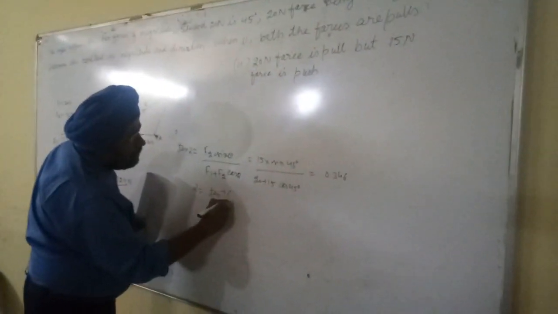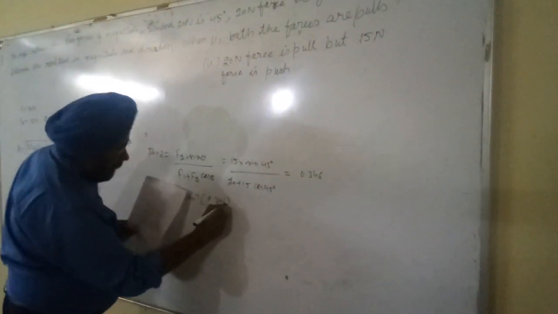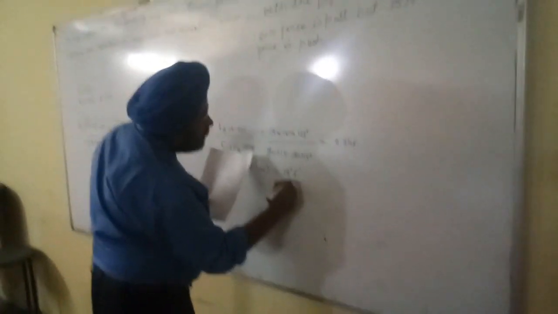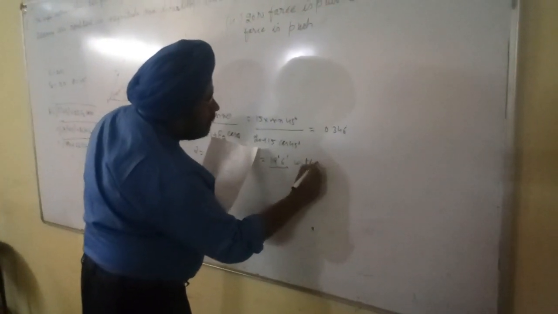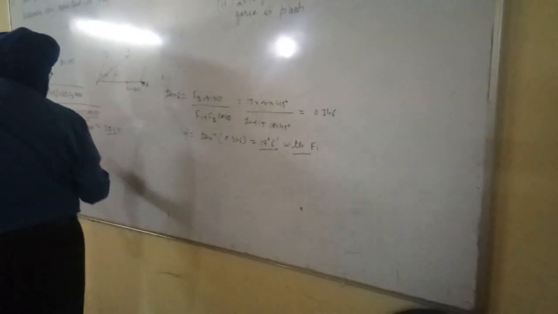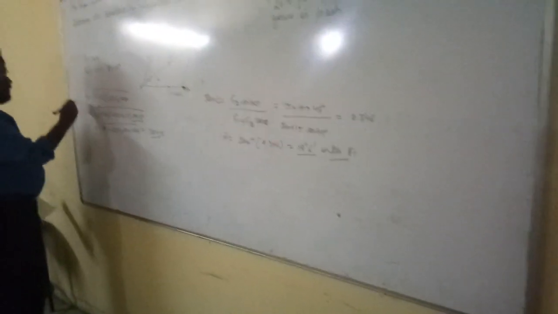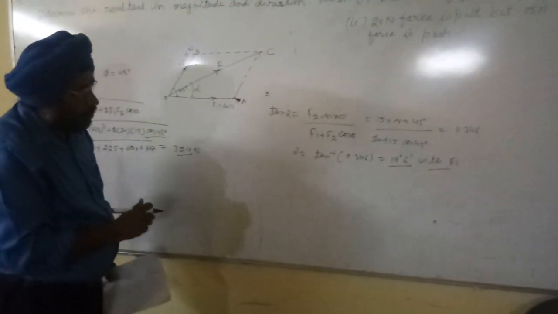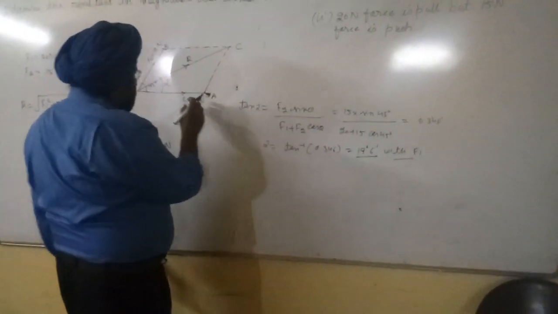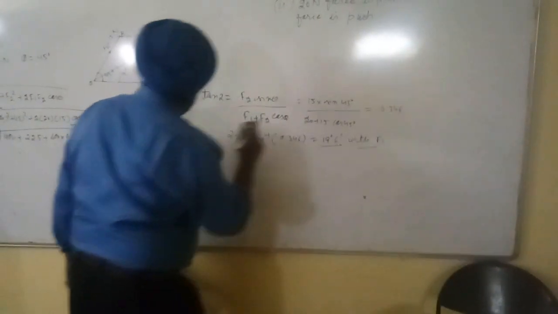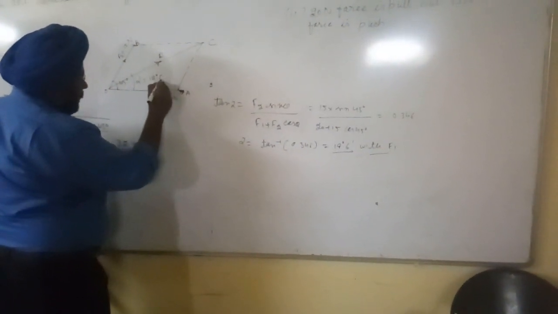So alpha is tan inverse 0.346, that is 19 degree 6 minutes with the 20 Newton force, with F1 force. So the resultant force has magnitude 32.4 Newton, and the direction of the resultant force makes the angle alpha with force F1, its value is 19 degree 6 minutes.